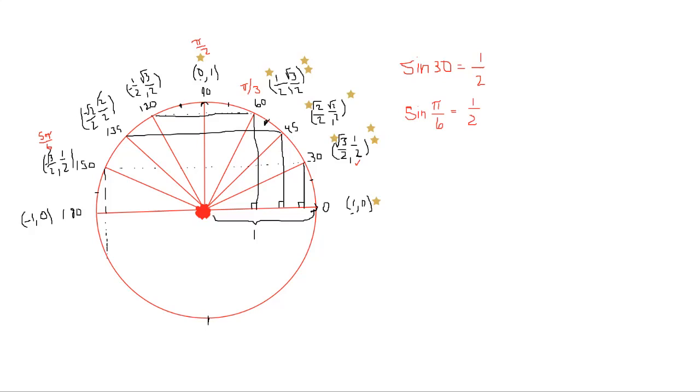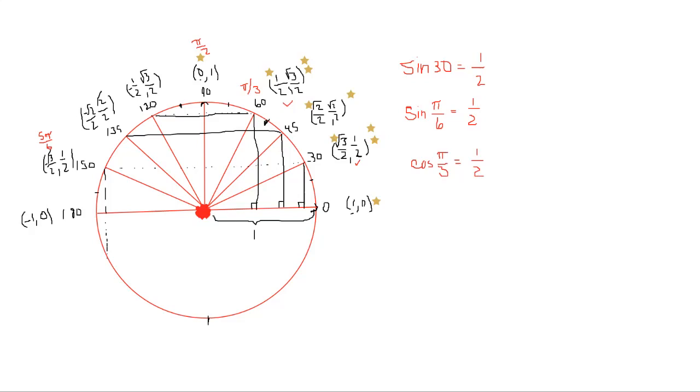What about the cosine of pi over 3? Well, the cosine of pi over 3, remember, cosine has to do with the x value. So if you go to pi over 3 or 60 degrees, notice that the x value is 1/2. And let's do one more.